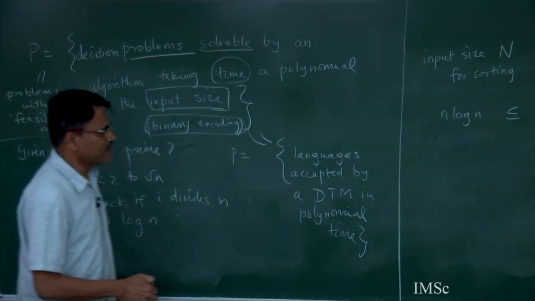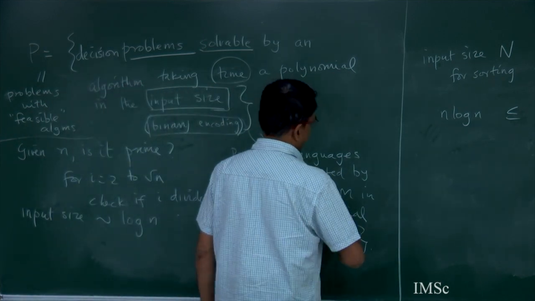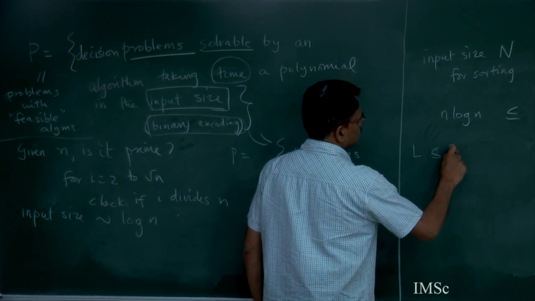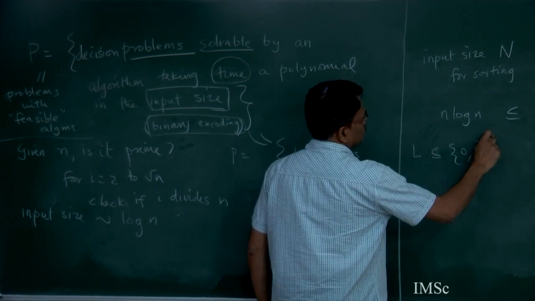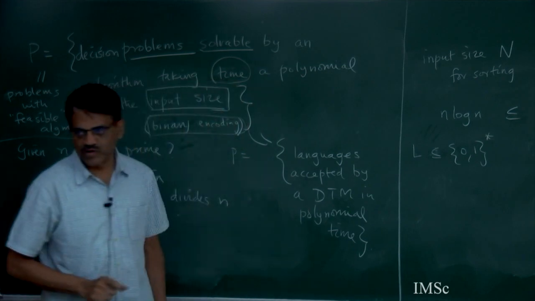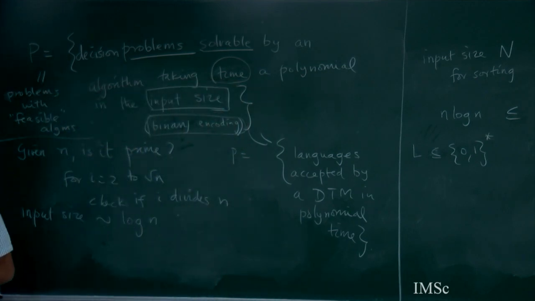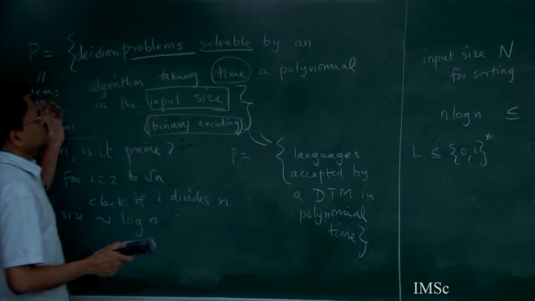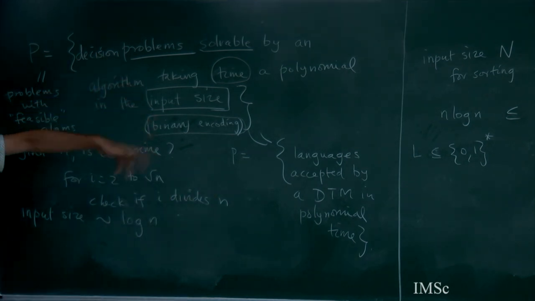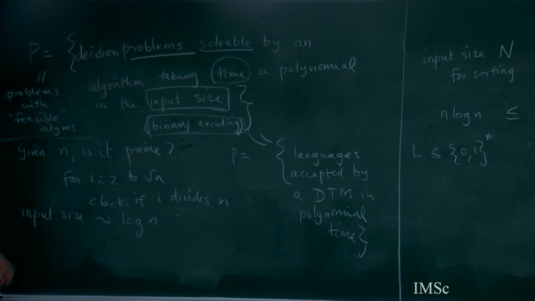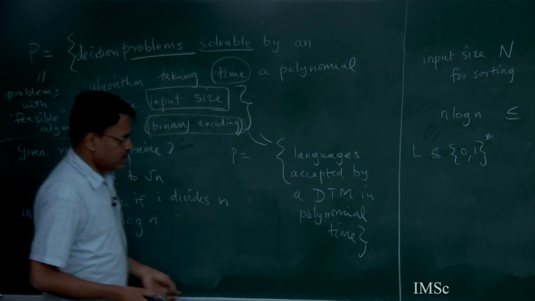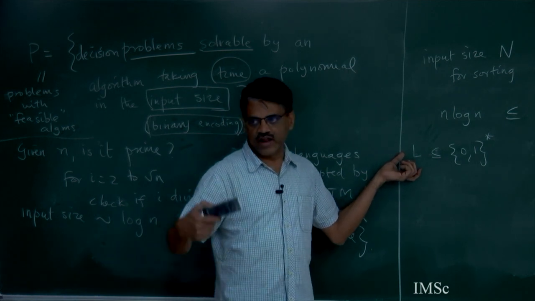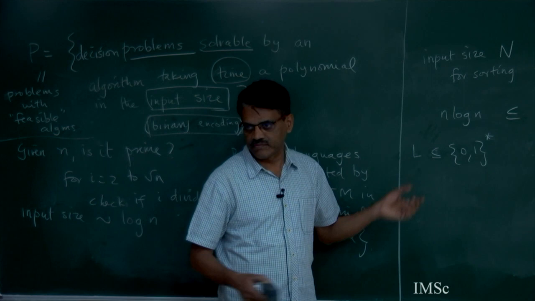Why? Because you can think of a language as some subset of 0, 1 star. Think of your encoding, right? Typically, what do we want to solve? Given a graph, we want to know whether it is Hamiltonian, let's say, right? So you can think of it as, my L would be all encodings of graphs with a Hamiltonian cycle, right?